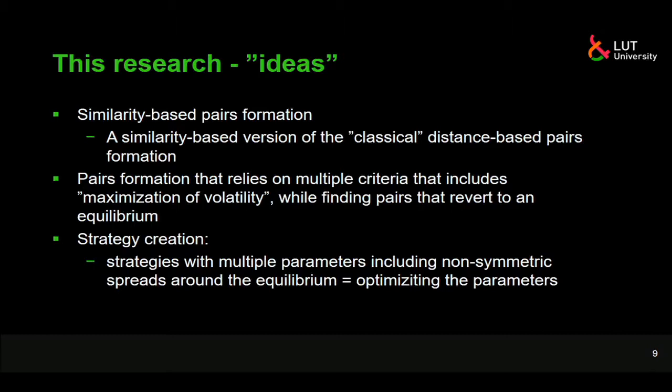Who said they need to be symmetric, the distances? Nobody said that. So we can optimize, for example, the distances and so forth. So there's a number of things that we might want to optimize, and obviously we can have strategies that adapt to the market situation. So adaptive strategies. Those are also things that we haven't seen very much in the literature.